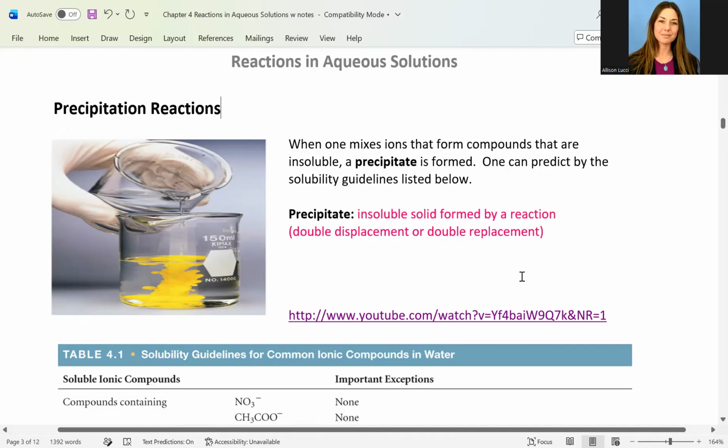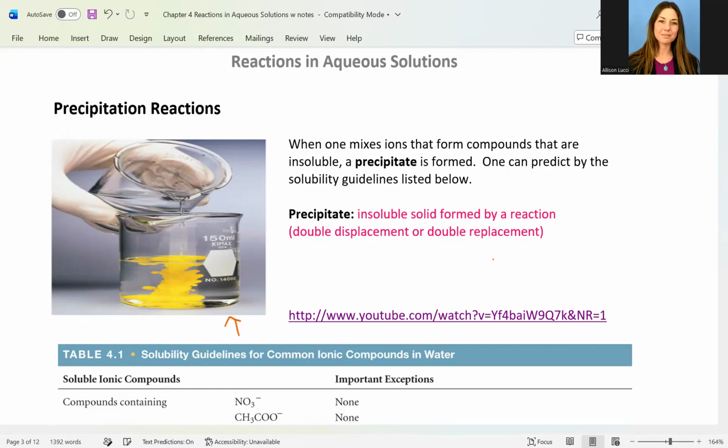In the next video, we'll talk about specifically these double displacement reactions, sometimes called double replacement reactions. And that's what we see happening over here. We had a clear solution here, but when they're mixed together, we see this yellow precipitate forming. If you watch the video linked below, for this specific reaction we would see aqueous potassium iodide.